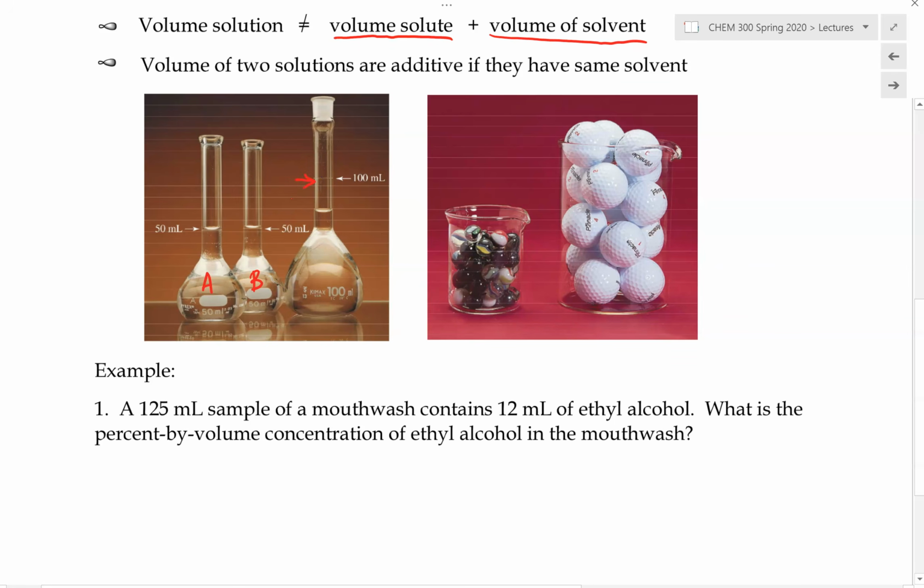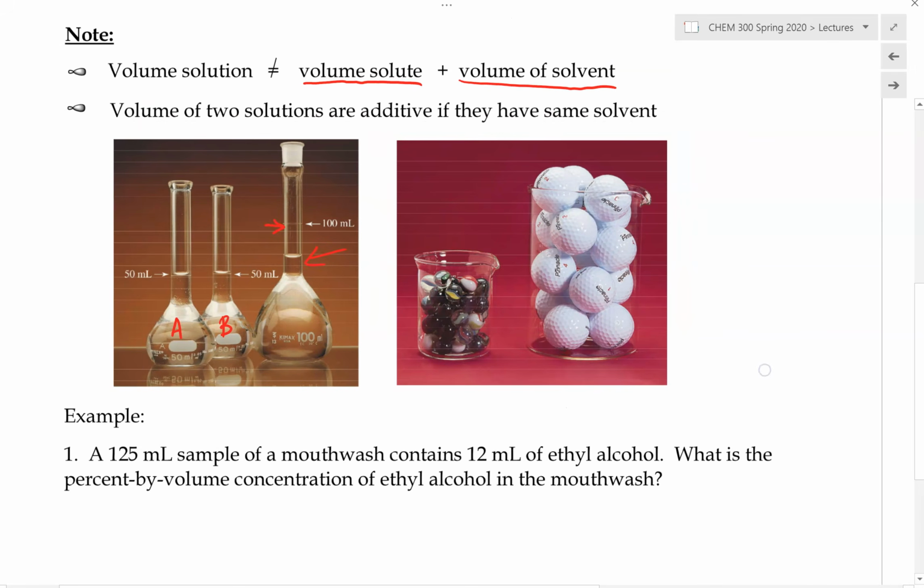When we combine them into this larger volumetric flask, we would expect the volume to be 100. But we can see here that it is smaller than 100. So this is an example indicating that when we combine substances together, their volumes are not additive.